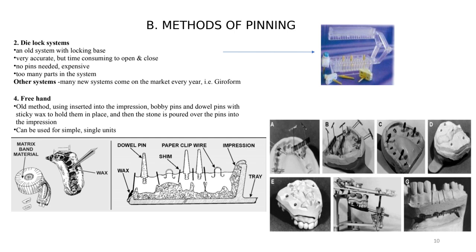Because when we insert the pins into the impression with the sticky wax to keep them in place, the sticky wax gets a little bit distorted, right? Because when we pour up the stone, what's going to happen? The stone gets hot, and then the sticky wax starts to soften. So that might move the pin in the impression. Therefore, the impression might not be accurate.